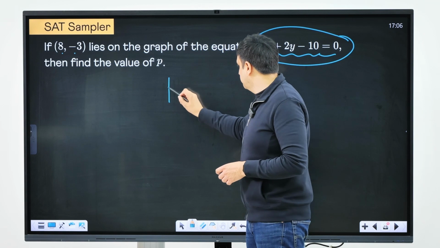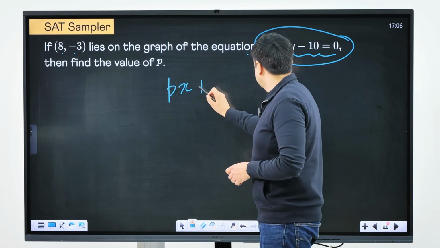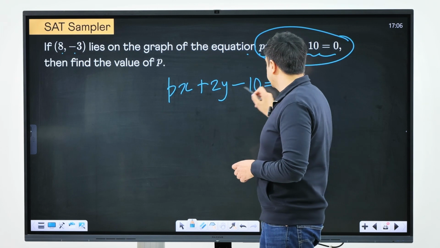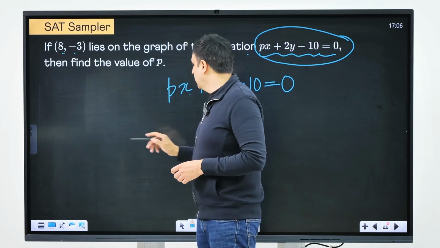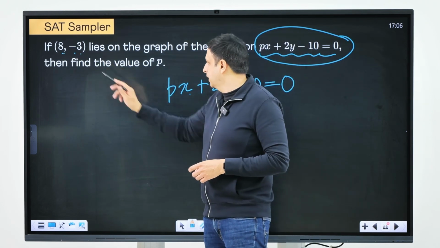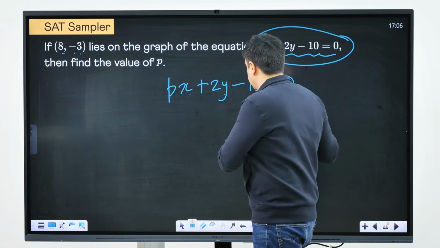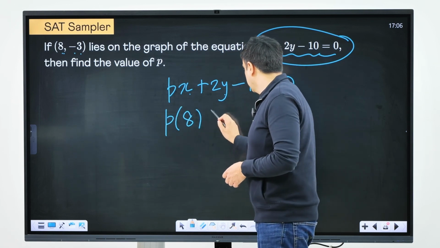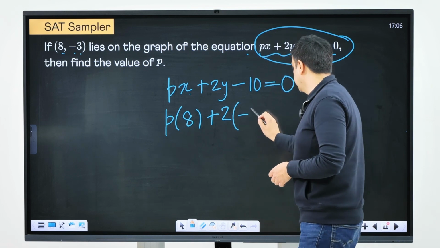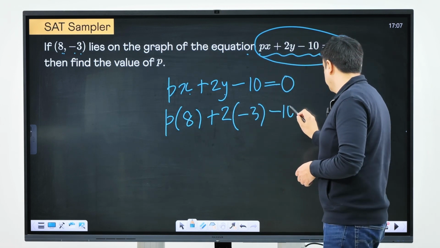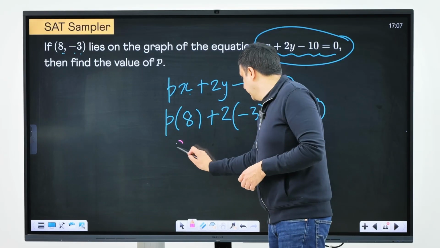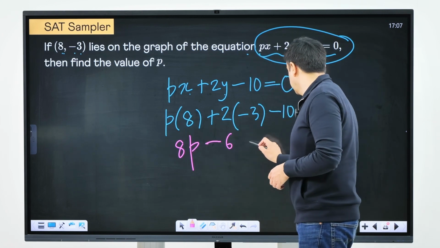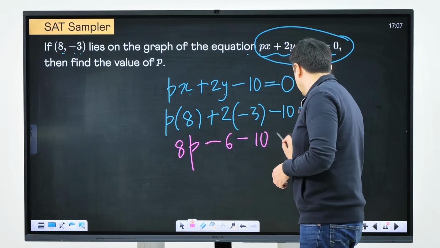So the equation is px plus 2y minus 10 equal to 0. Instead of x, we'll plug in 8, and instead of y, we will plug in -3, and this should be true. So p times 8 plus 2 times -3 minus 10 is equal to 0. So 8p, and then I get -6 minus 10 equal to 0.